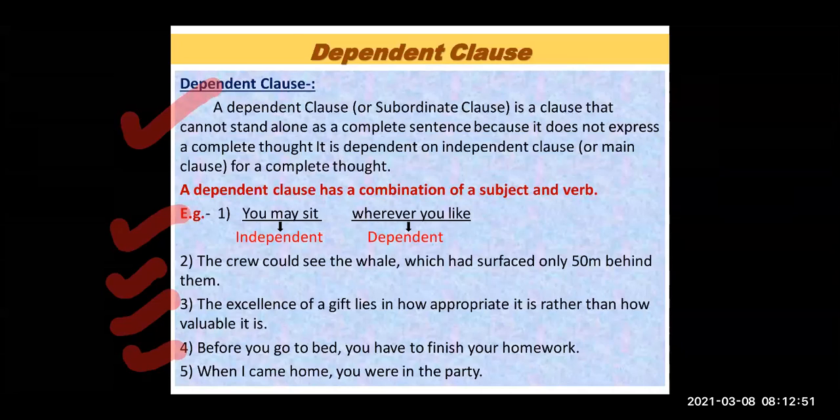So "before you go to bed" is dependent on the clause "you have to finish your homework," which is an independent clause. Another example: "When I came home," alone has no meaning. But if we add "you were in the party," which is an independent clause, then "when I came home" is the dependent clause.